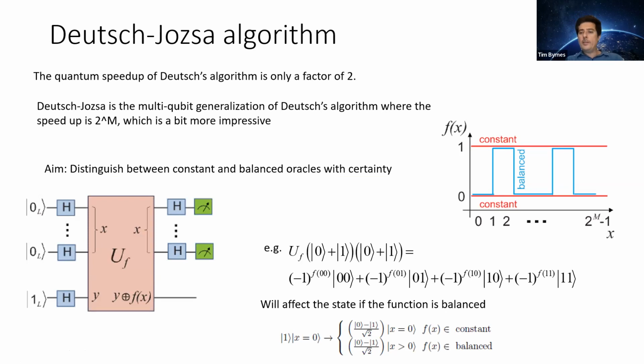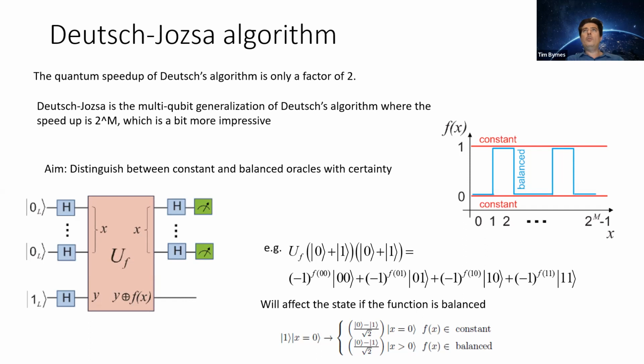this is the last slide of this set, but I'm not really going to properly introduce it. It's a generalization of what we were talking about. Deutsch's algorithm is not really a very useful circuit, but it does show some quantum speed up, because you only have to evaluate the oracle once.